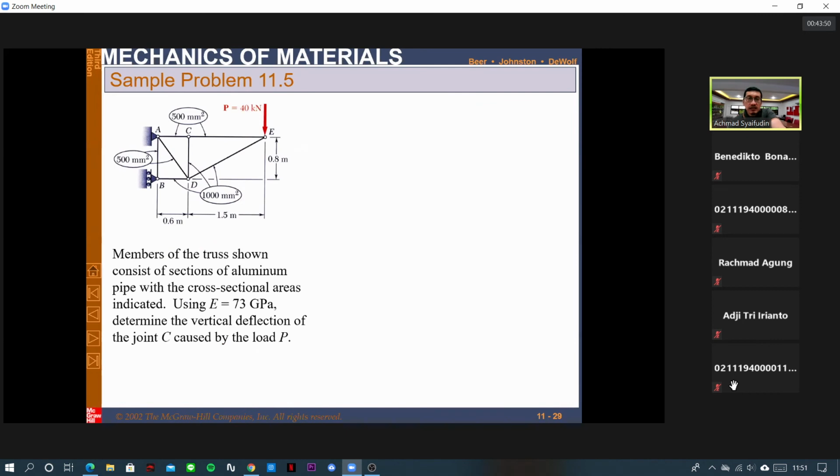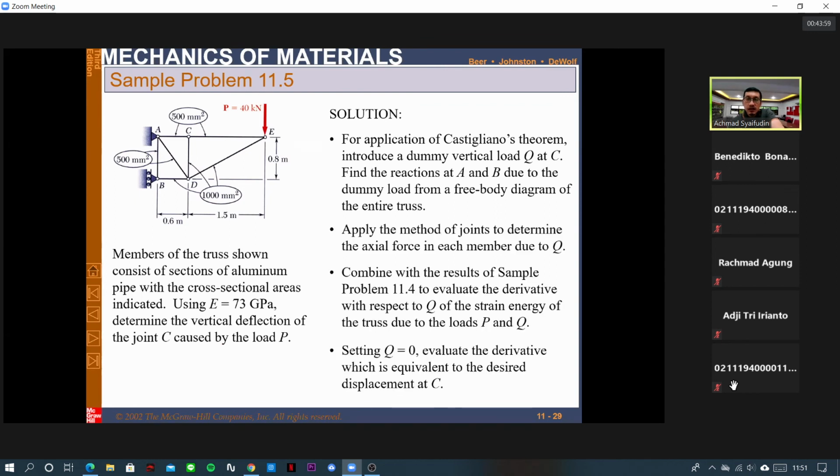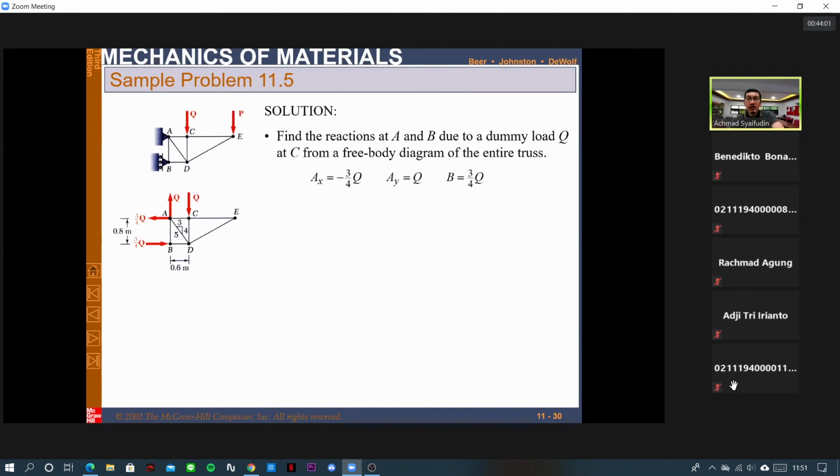This is the same problem, but using Castigliano theorems. The previous one used the strain energy method.